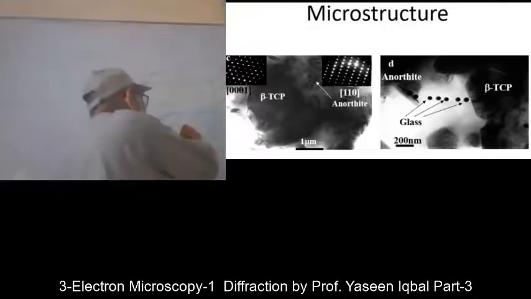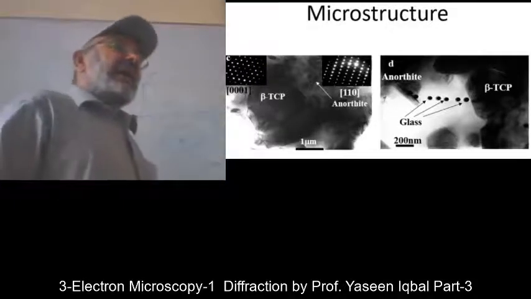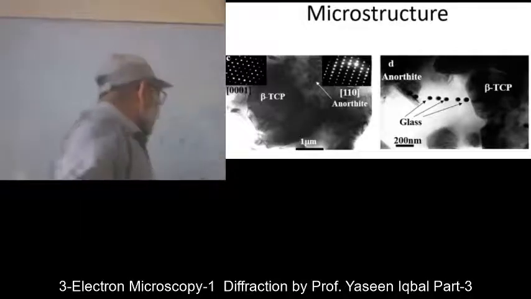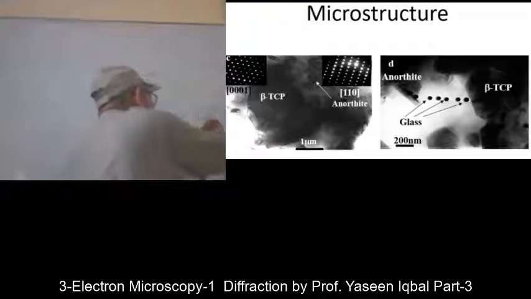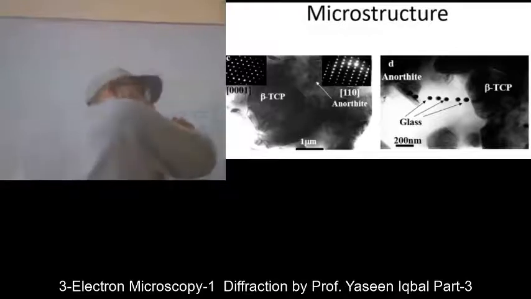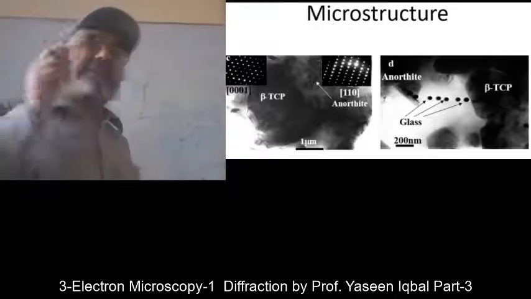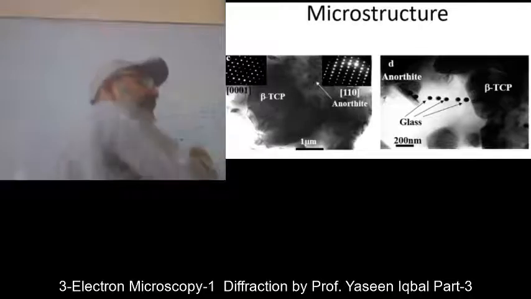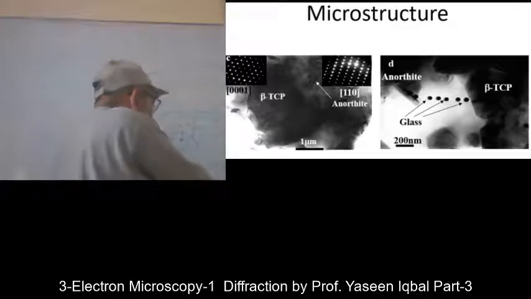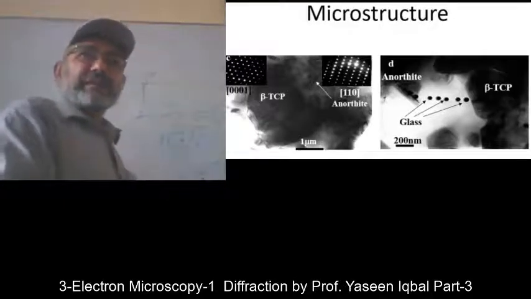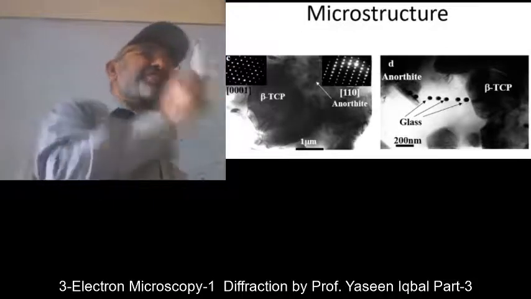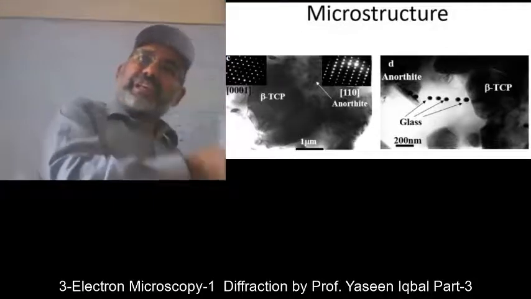I should measure the elemental composition of this and this, and I should take diffraction pattern from this and this. The elemental composition will tell me the chemistry of the material under the beam, under the electron beam, right? And the diffraction pattern will tell me about the crystal structure of the material under the beam.